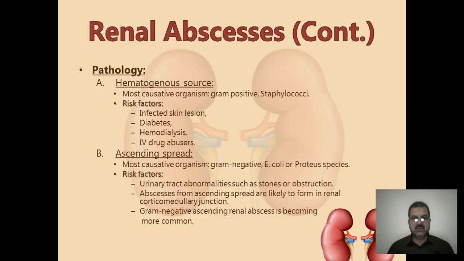Ascending infection is most commonly gram-negative, like E. coli and Proteus, and this kind occurs more with urinary tract abnormalities. Whenever there is obstruction, infection comes up and the microorganism can cause nephritis, which then proceeds to form renal abscesses.